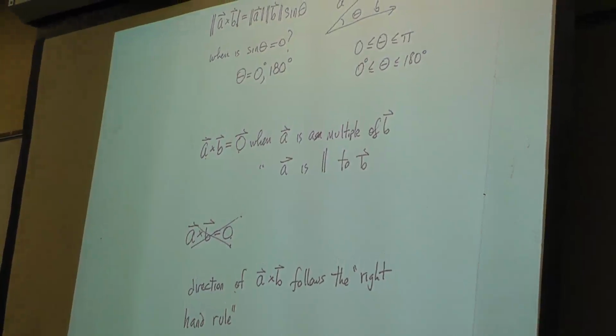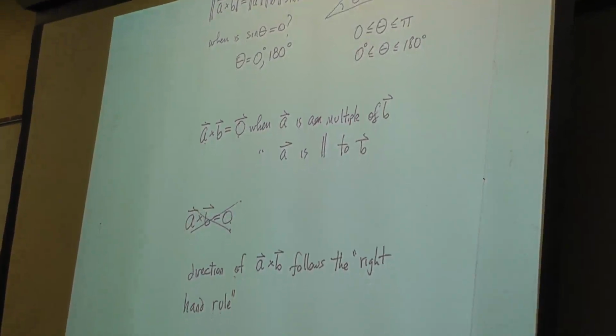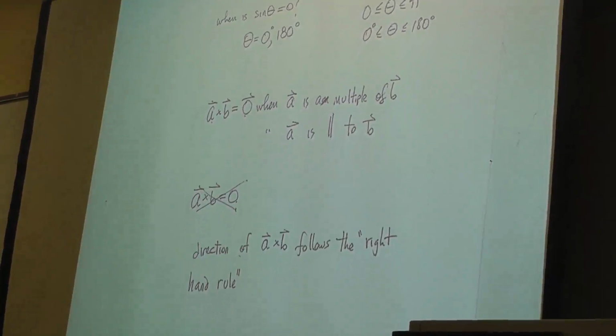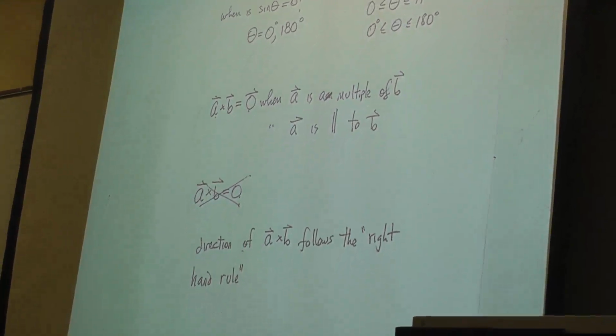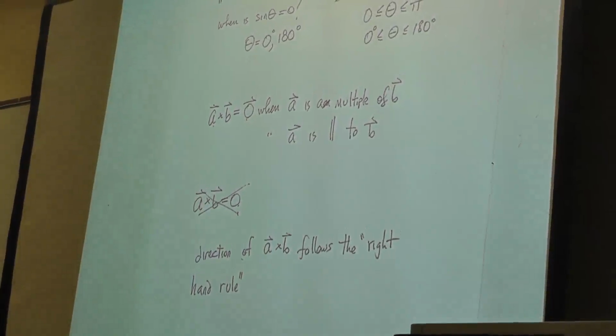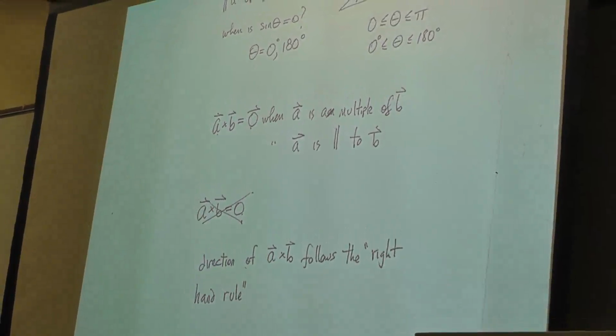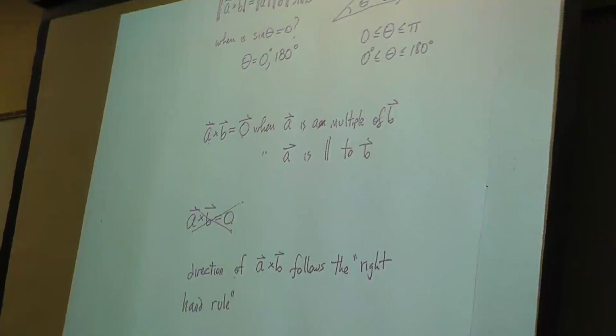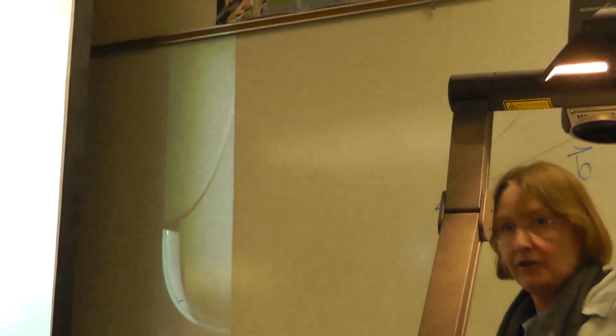So let me show you guys the right hand rule. And again, this is nothing I can possibly write down. All I can do is show. If I look at this vector A, and I look at this vector B, I've put them tail to tail.